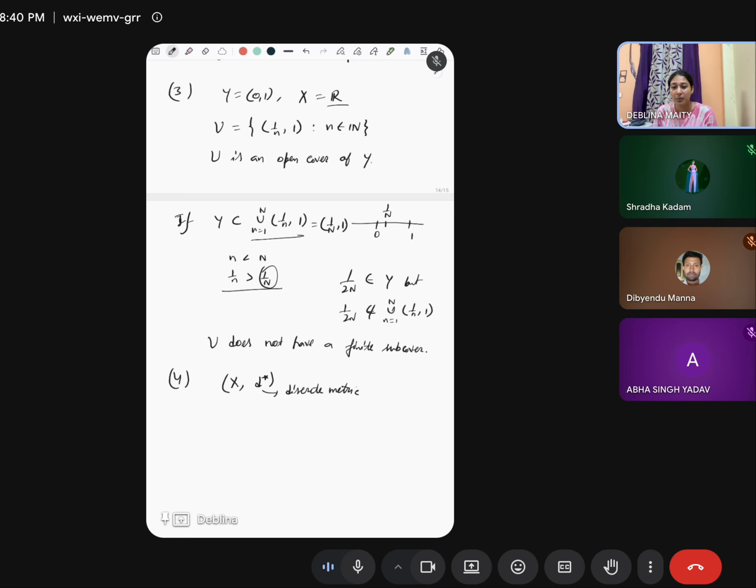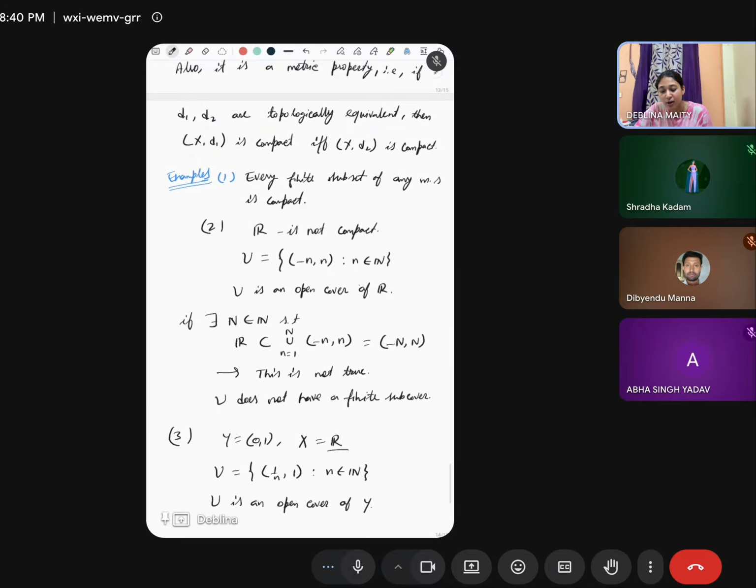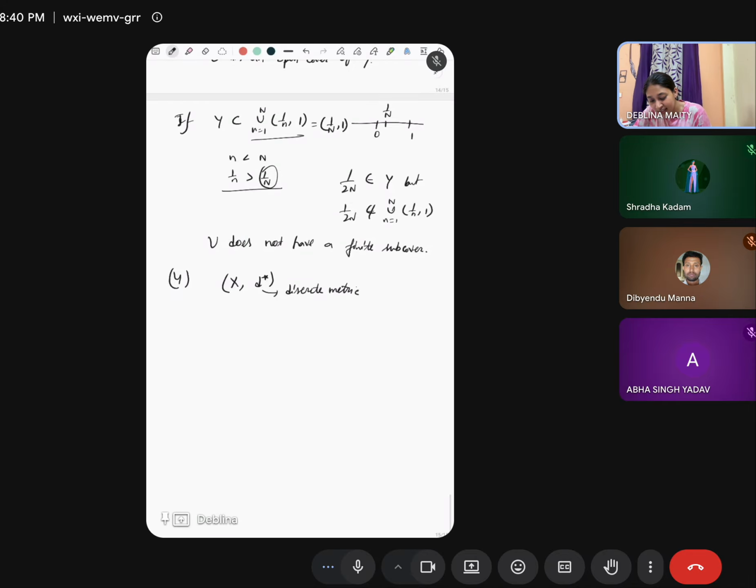So it is always bounded, but is it compact? Now we know that any finite subset of a metric space is compact, right? So now, take X to be infinite. Is it compact?